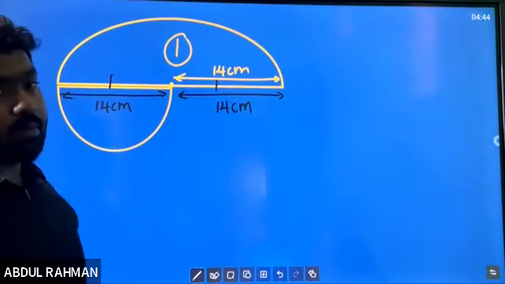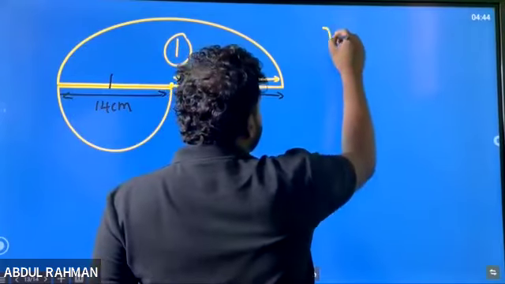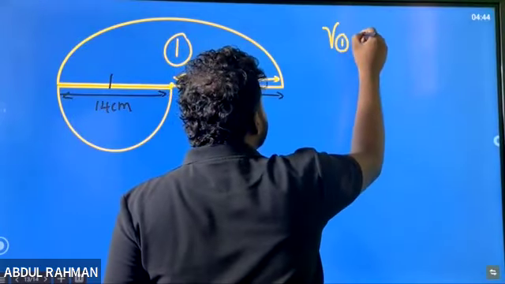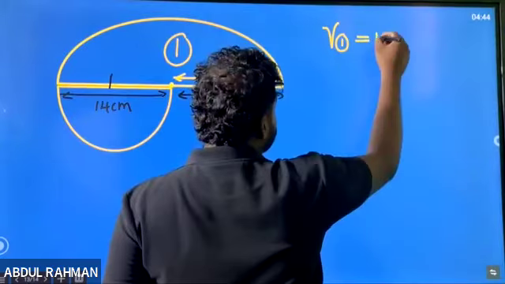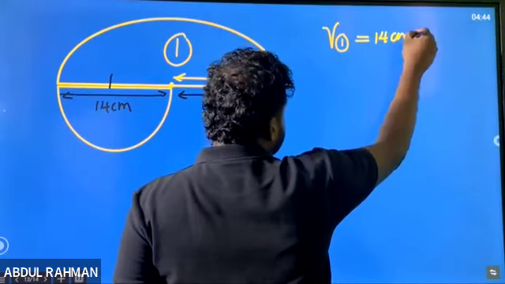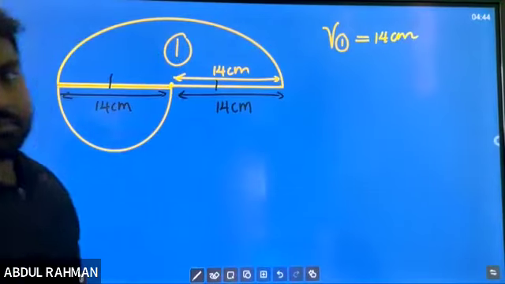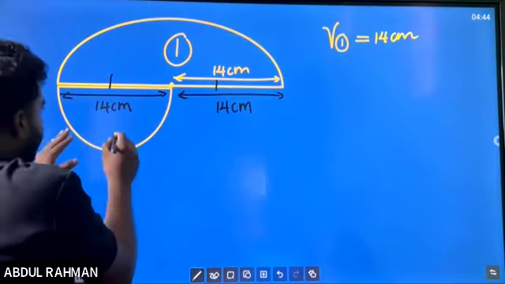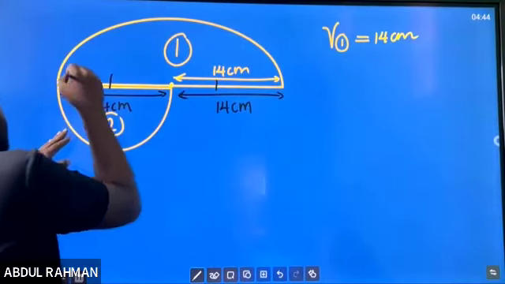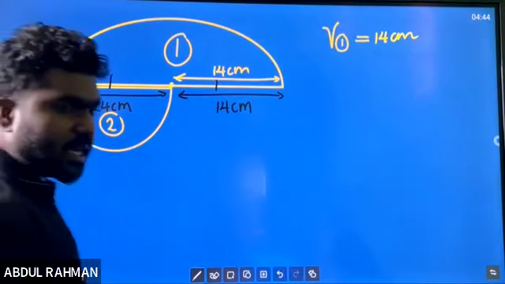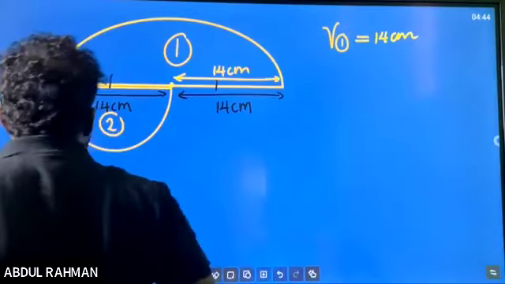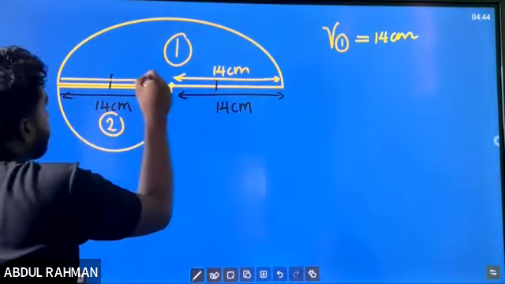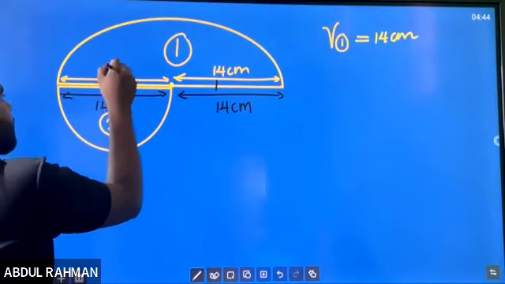Radius of semicircle number 1 is 14 centimeter. Now when I look at semicircle number 2, the smallest semicircle, the length from here to here is 14.